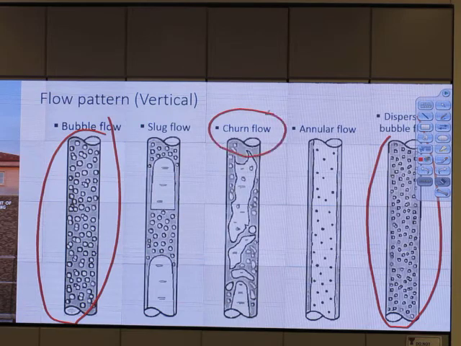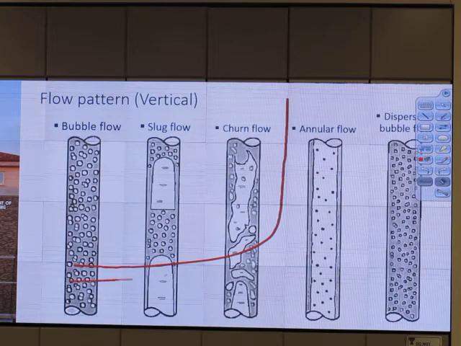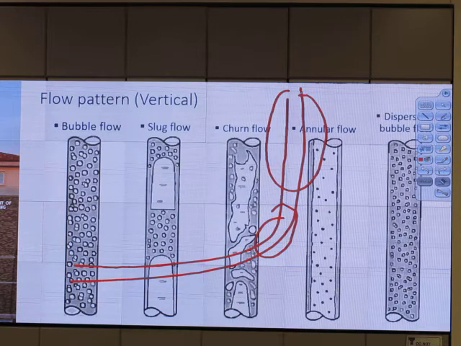Churn flow happens mostly in the entrance part of slug flow. So when we have a long vertical subsea riser, this part we may see churn flow, and when it's fully developed, we will see slug flow. Okay.